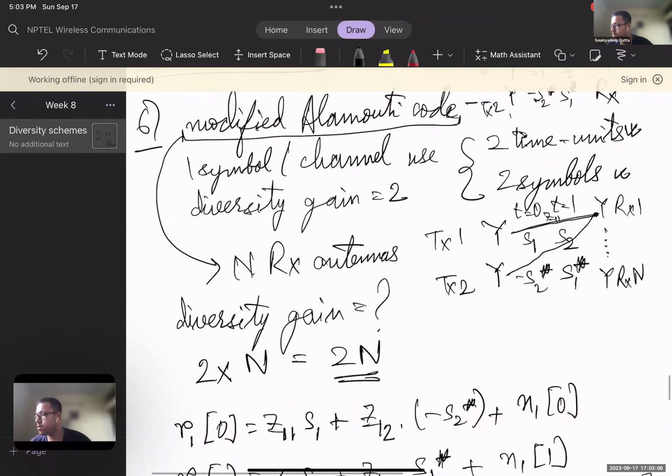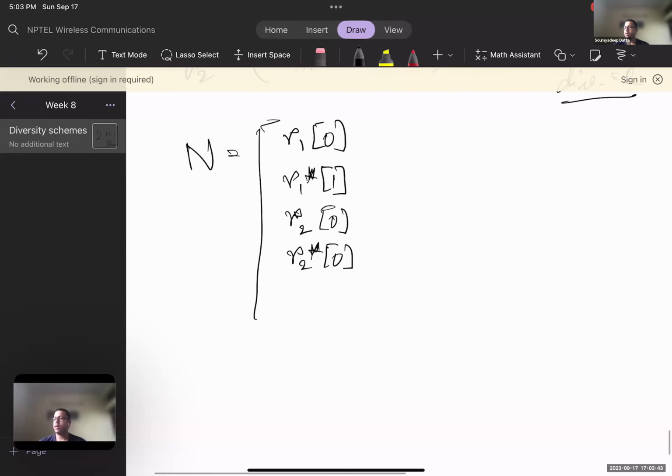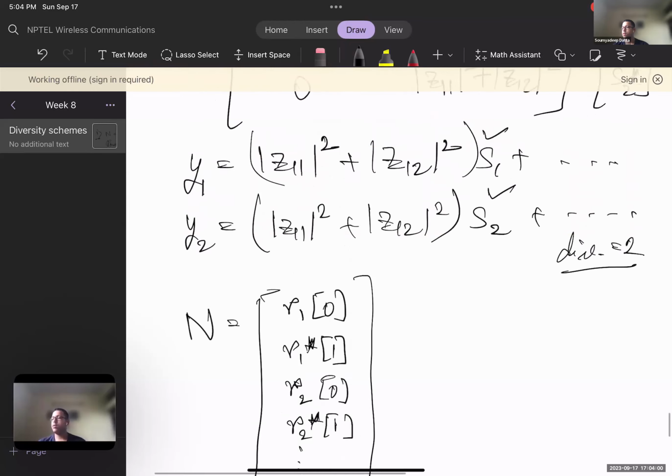Similarly, when you process, you can combine the output from all of the antennas. So you can keep on stacking up like this for all n antennas, and likewise you will have Rn0 and Rn star of 1. You can do the same kind of processing.